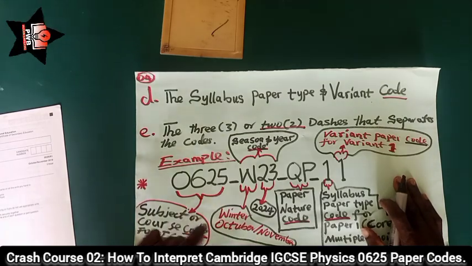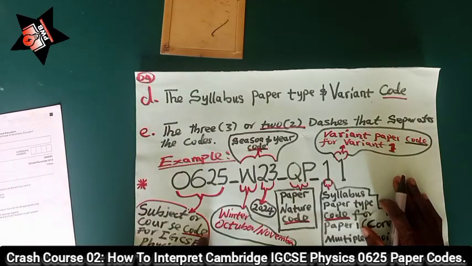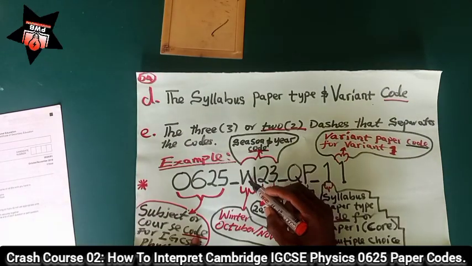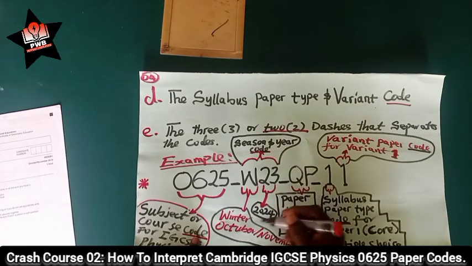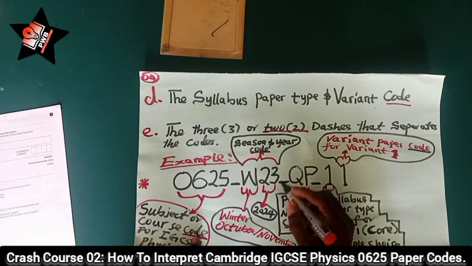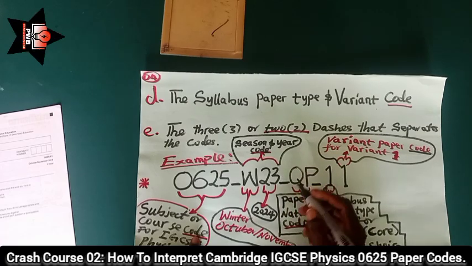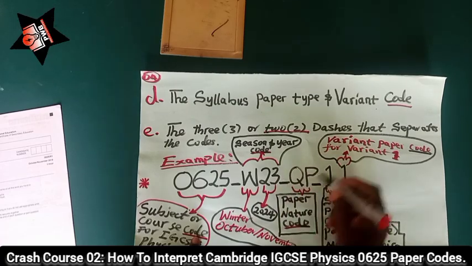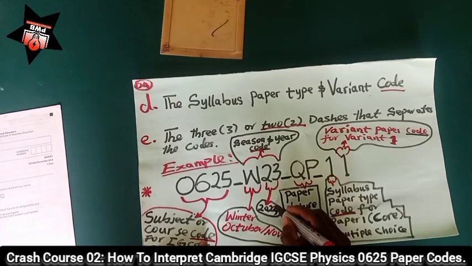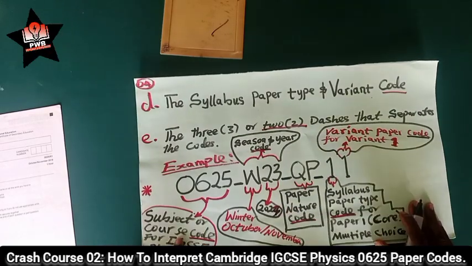So for this year, 2024, all the paper codes you're going to see will be carrying 24 here and W here, meaning winter, October / November. Good. And the 23 is a short form for 2023. Sorry, let me write 2023. This is 2023.